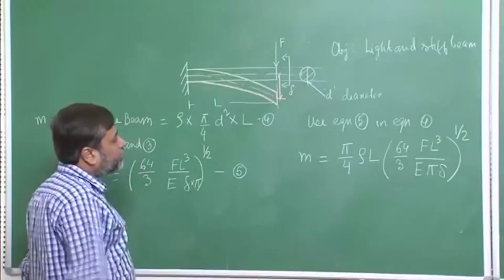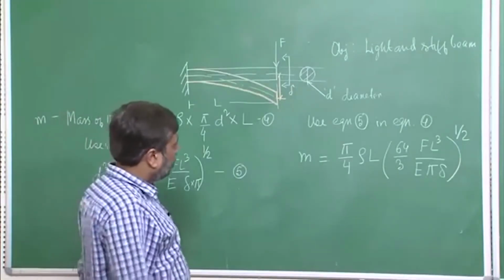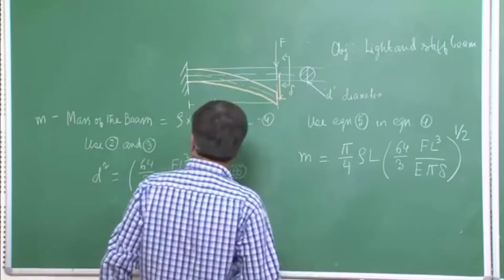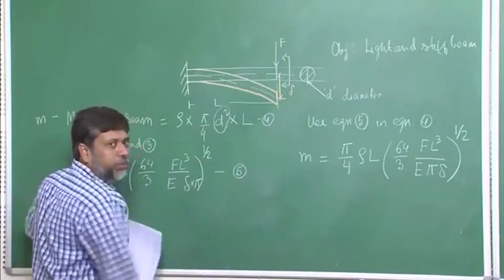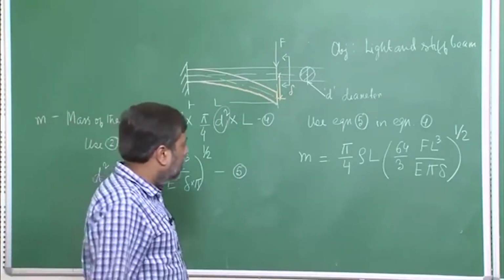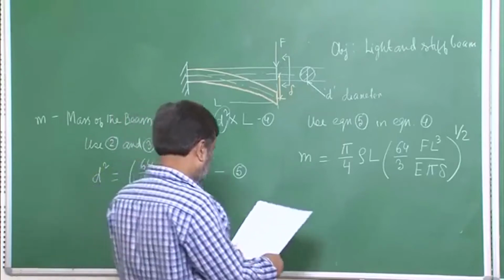That is the mass of the system. That is what we get once we substitute the d square term by the expression from equation 5.